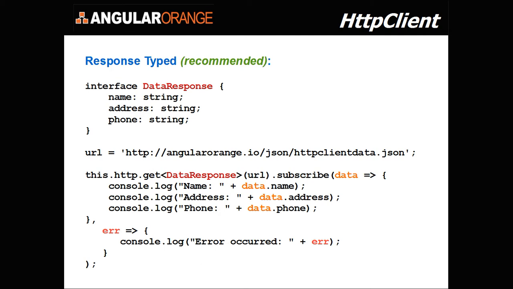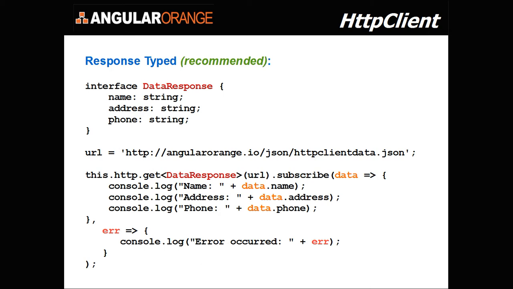The reason I'm pointing that out is because we want to use response types. We want to define an interface called DataResponse with a name, address, and phone attribute, and define the types of those attributes. When we point to the URL and do an http.get, we say that the response is going to be of this type, DataResponse. So we do the get on the URL for this DataResponse typed object.